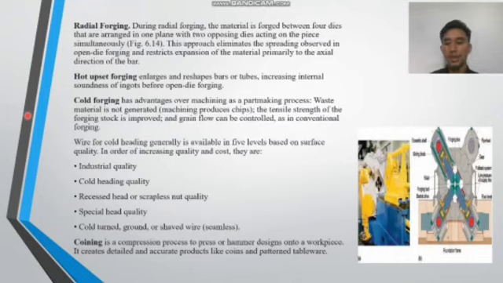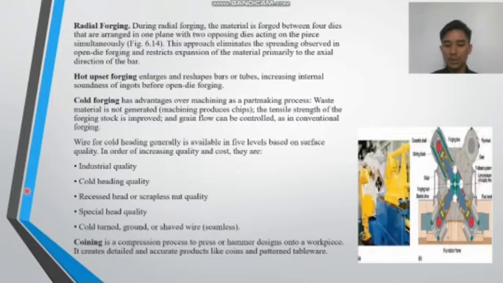Wire for cold heading generally is available in 5 levels based on surface quality. In order of increasing quality and cost, they are industrial quality, cold heading quality, recrystallized heat or scrapless die quality, special heat quality, alternate ground or shaved wire, seamless.